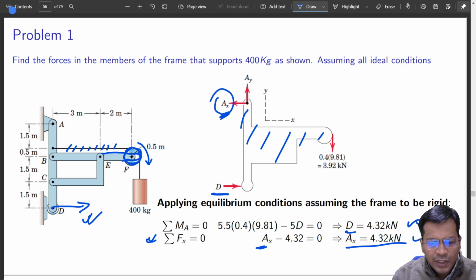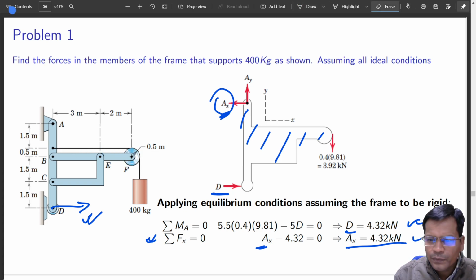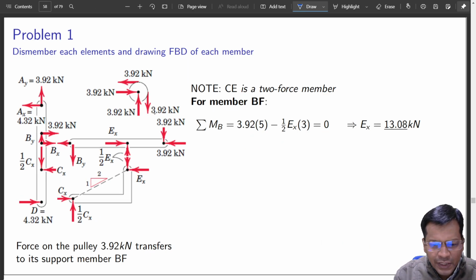But it happens as if it is attached to this point and this is attached to this point. So this is a load which is supporting this from here. This is the load which is applied at this, and that is the reason the isolated diagram for this has two forces. One is pulling it downwards, and another is pulling it this way.